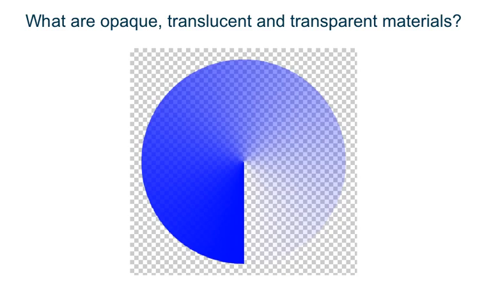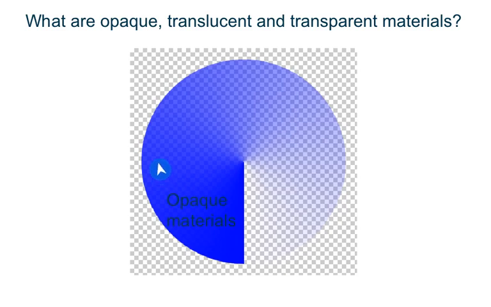If you take a look at this diagram, the background is made of checkered boxes. In this area here, you cannot see the background at all, which means that the light coming from the background cannot pass through. So materials in this area will be opaque materials.